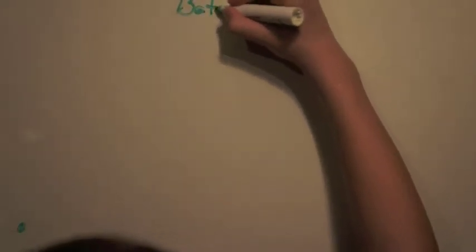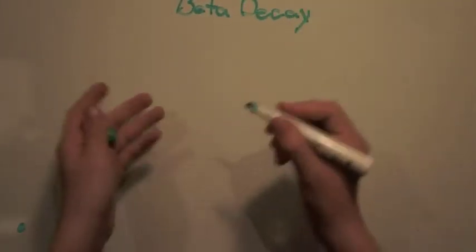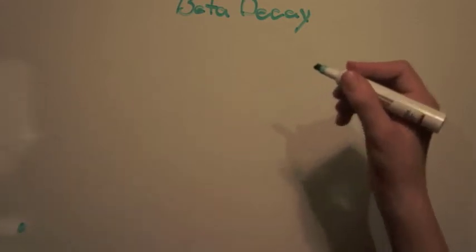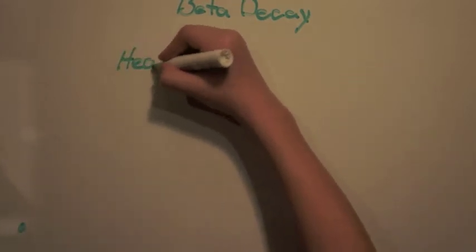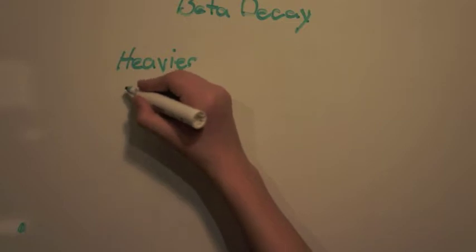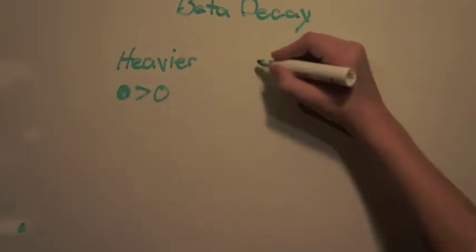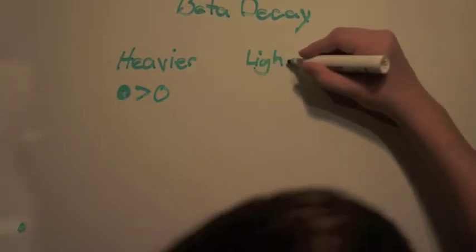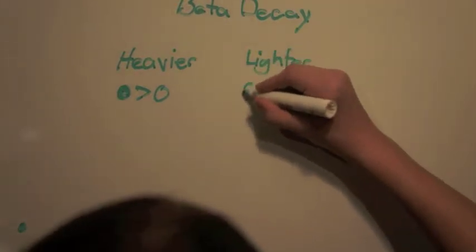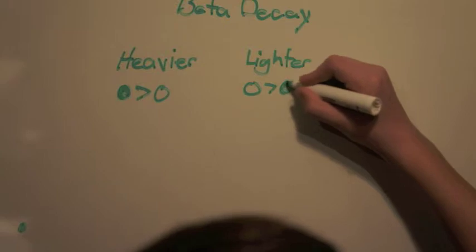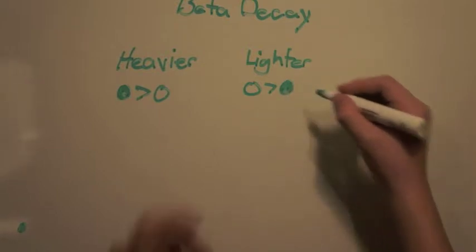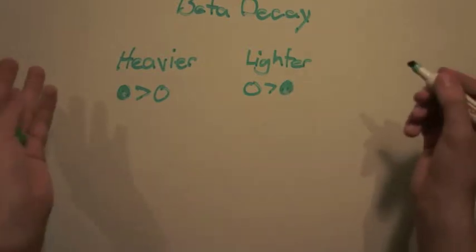I'm just going to talk about beta decay for a second. What is beta decay? Well, heavier items tend to require more neutrons than protons. Lighter items require more protons than neutrons. If an atom doesn't follow this rule, they can become unstable.